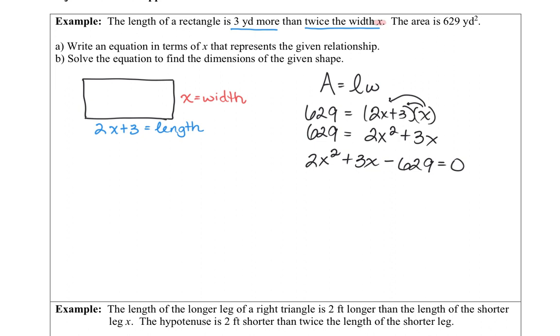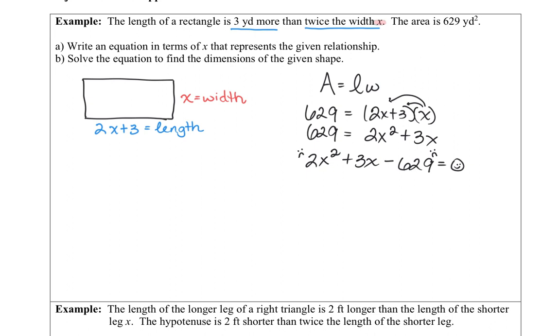Because I'm going to go ahead and subtract 629 from both sides so that I can end up with that lovely 0 that I like so much. Okay, so now this is kind of a sad thing because my leading coefficient is not a 1, right? Also, I'm really, really sad about that really, really big number, 629, right? Because I know that in order to solve this quadratic equation, I need to be able to factor it.